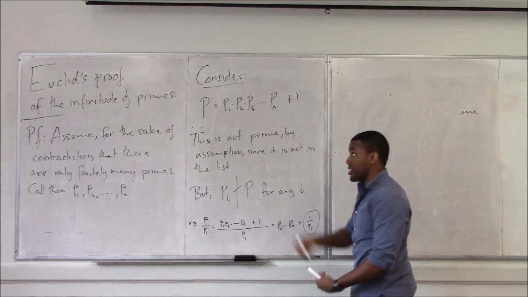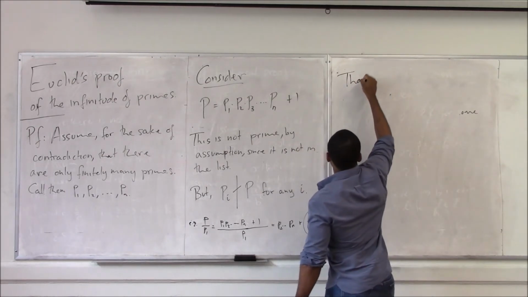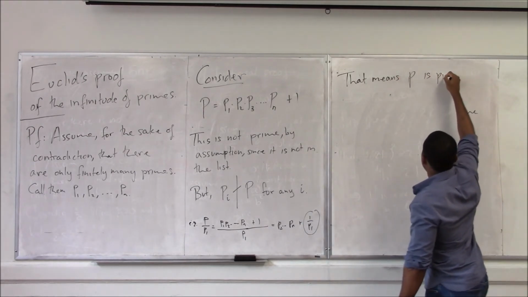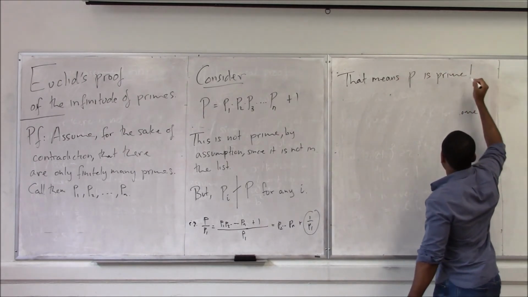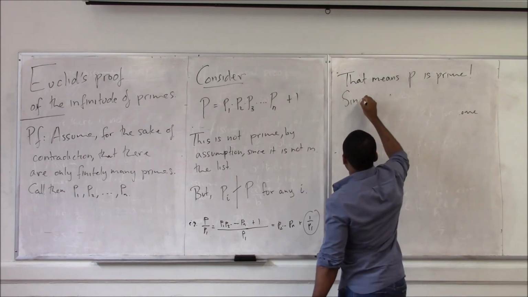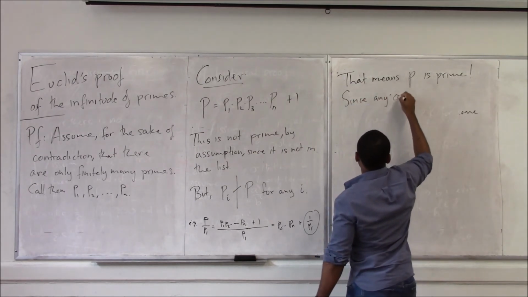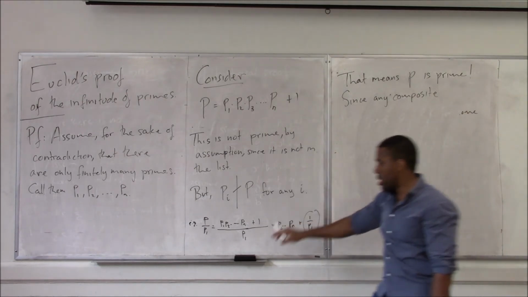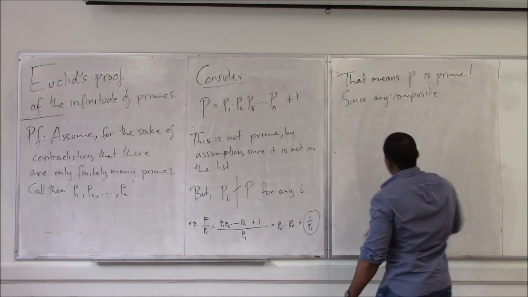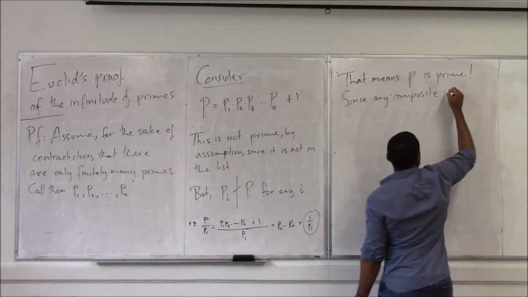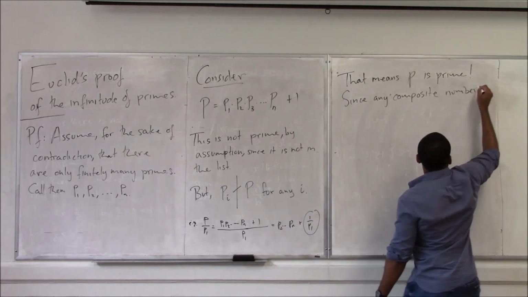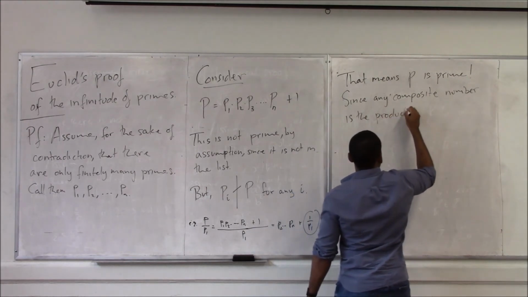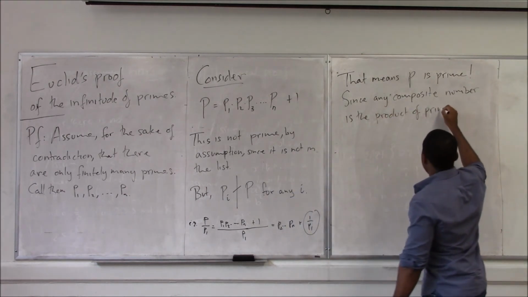But that's actually the contradiction. That means P is prime, since any composite number, composite being just what we call a number that's not prime, is the product of primes.